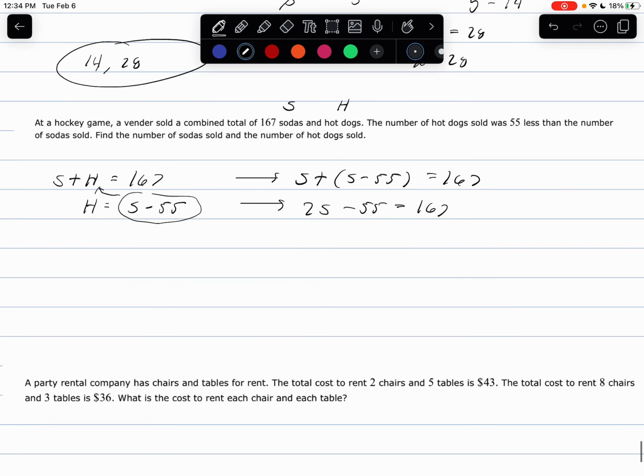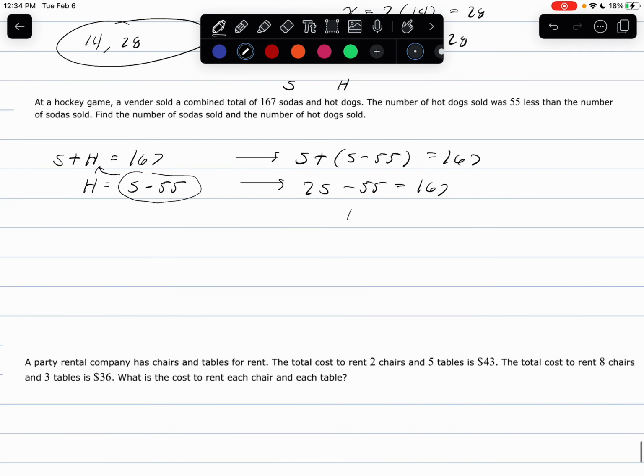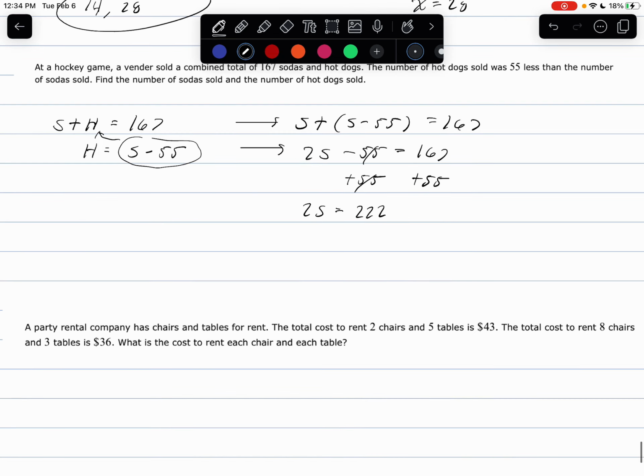Now if we add 55 to both sides, we get 2S is equal to 222. And if we divide both sides by 2, we get S is equal to 111. So the number of sodas is 111.